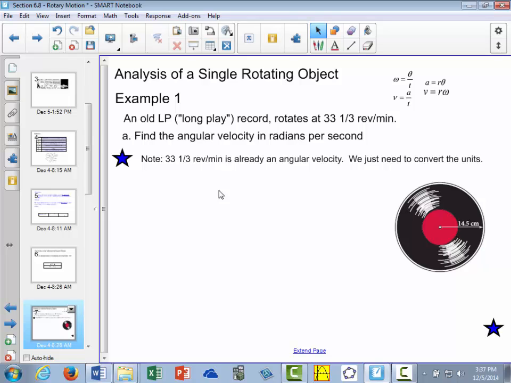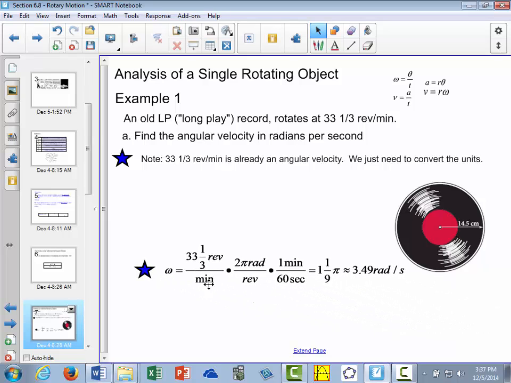This is just like one of those chemistry problems you guys have, or physics problems. So we're going to take our angular velocity, which is 33 1/3 revolutions per minute, and multiply it by a couple of conversion factors. We need to get rid of the revolutions. So 2 pi radians is the same as 1 revolution.